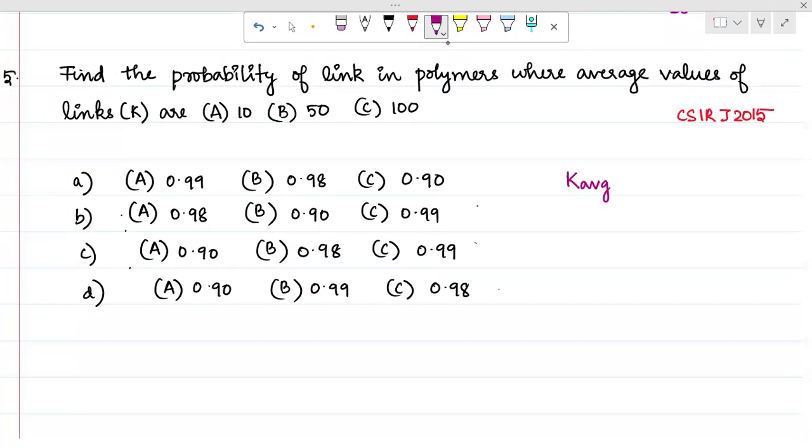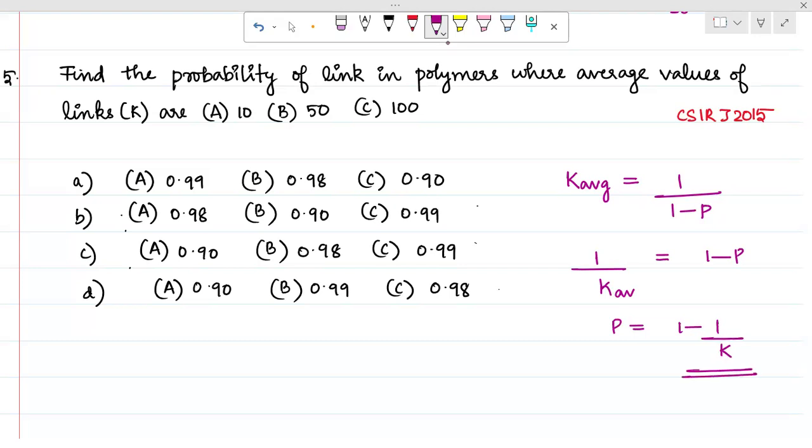So the average values of links are 1 by 1 minus P. Average values are given. You have to find P. The probability of the link is what you have to find. So let's take the reciprocal so that we can find 1 by K average is equal to 1 minus P. Or if I bring P to this side, it is 1 minus 1 by K.